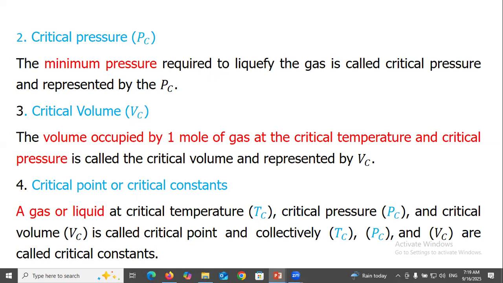Critical point or critical constant: a gas or liquid at critical temperature, critical pressure, and critical volume is called critical point, and collectively critical temperature Tc, critical pressure Pc, and critical volume Vc are called critical constants.